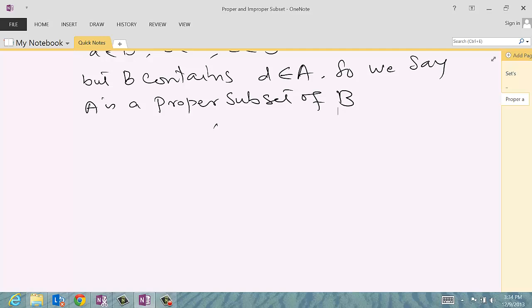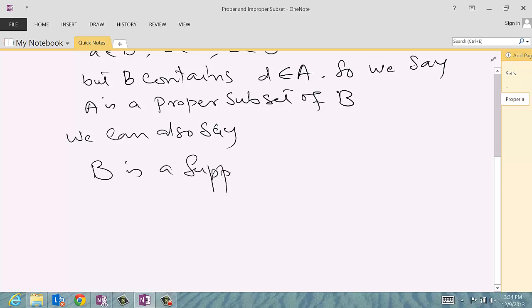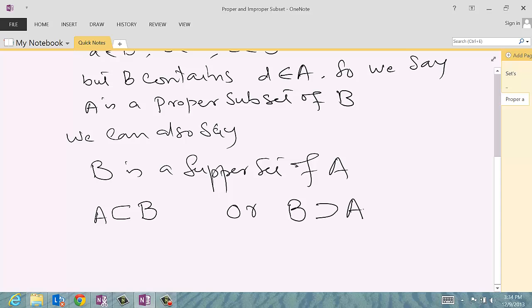When A is a proper subset of B, we can also say B is a superset of A, and we either write, it depends how you read it, A is properly contained in B, or we can say B contains A. It's just like the relation of father and son.